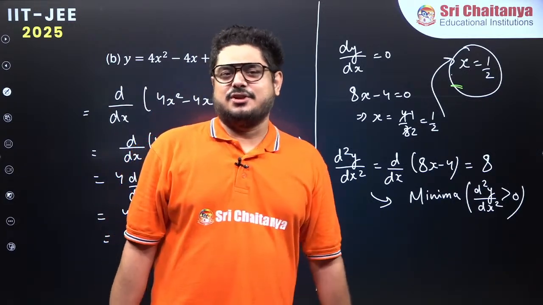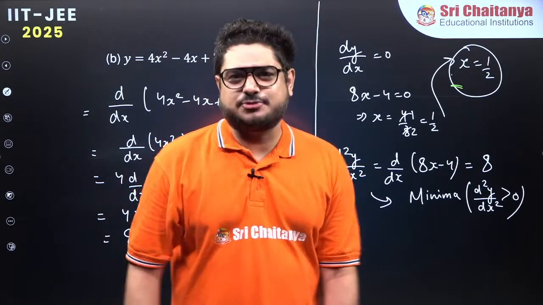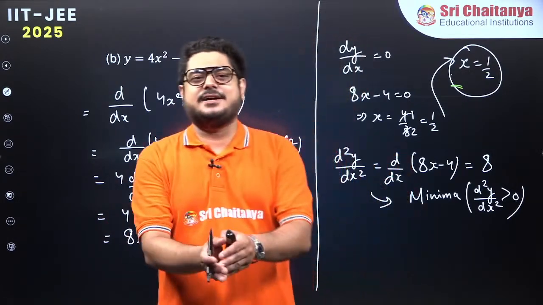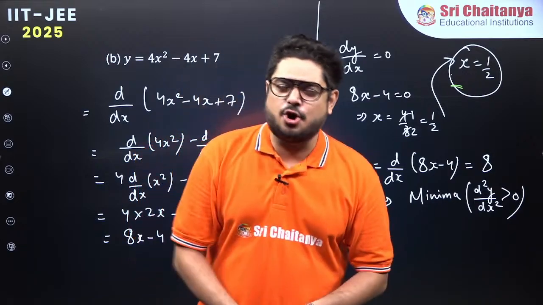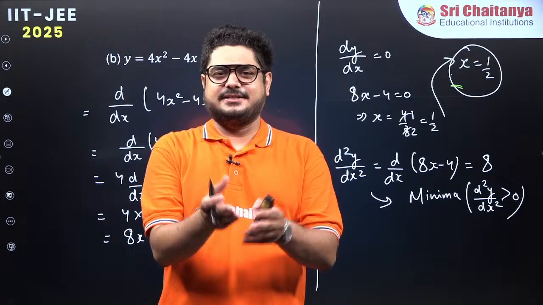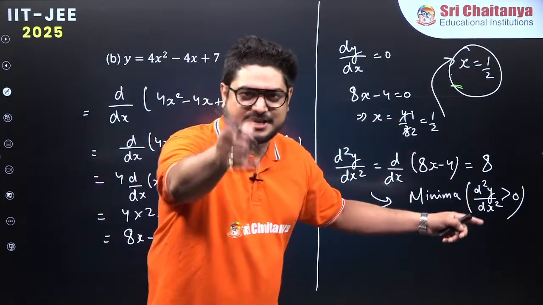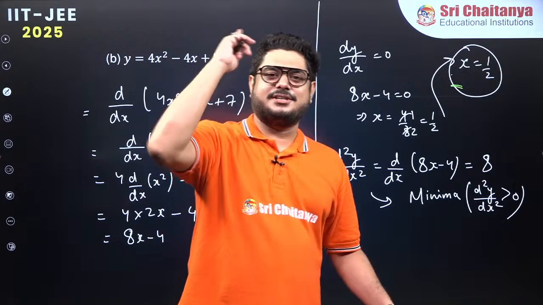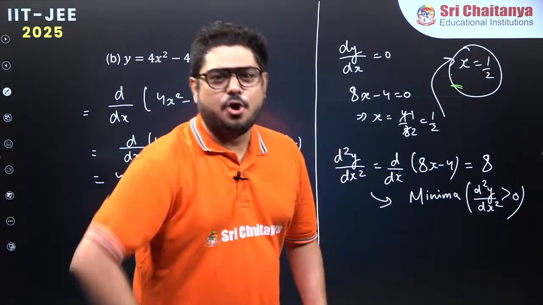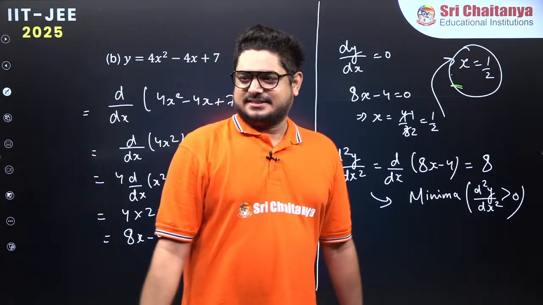If d2y by dx2 is greater than 0, it gives us a minima. If it is less than 0, it gives us a maxima. Put the value of x, whatever I have obtained after equating the first derivative with 0, in the main function and obtain the maximum value or minimum value depending on the situation, isn't it?